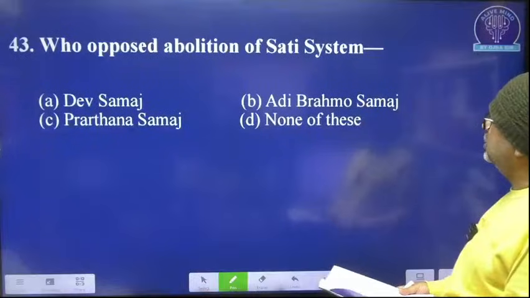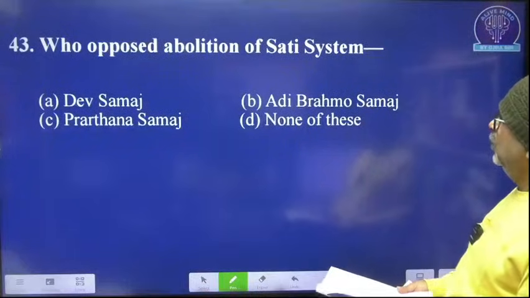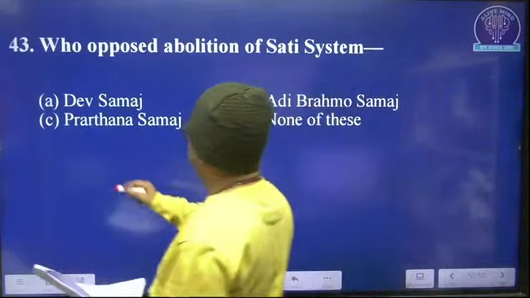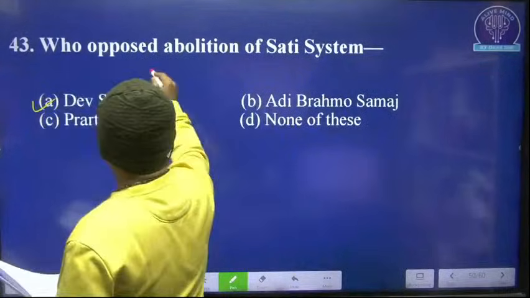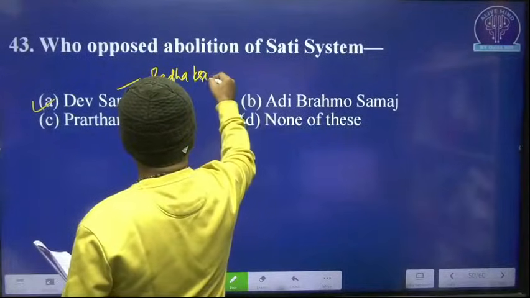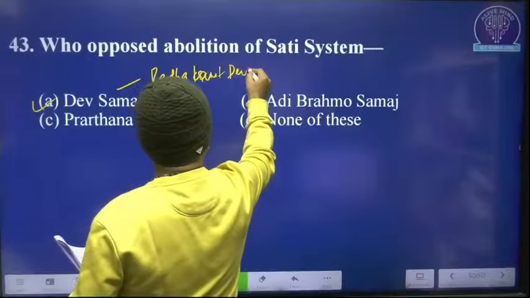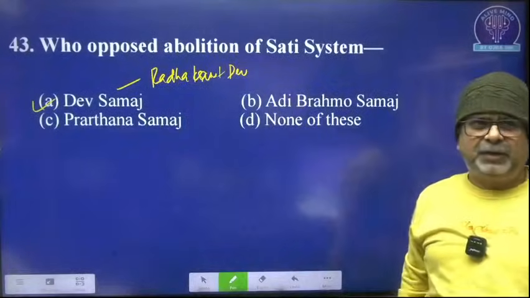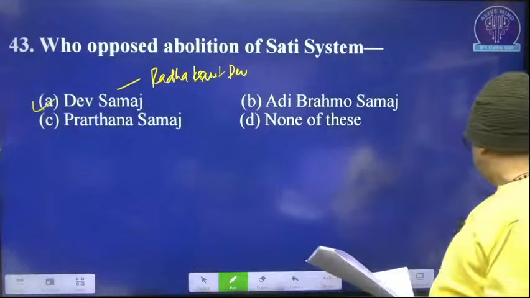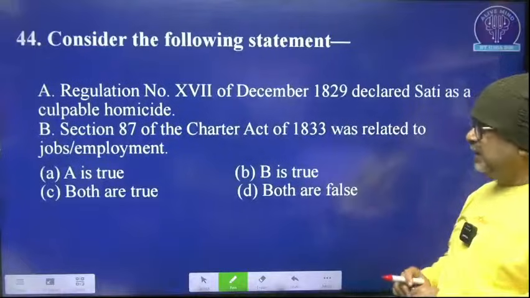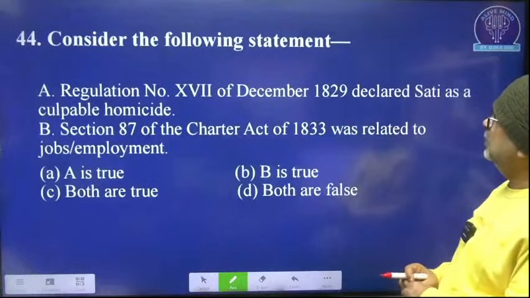Who abolished the Sati system? Who opposed abolition of the Sati system? Dharma Sabha. Who was the founder? Radhakant Dev. He was the founder. He considered it an unnecessary interference of the English in Indian society and culture. Consider the following statement.